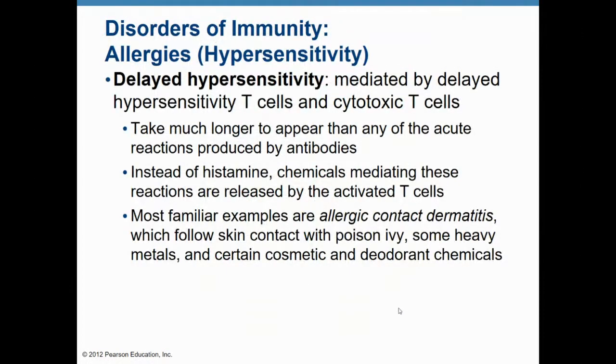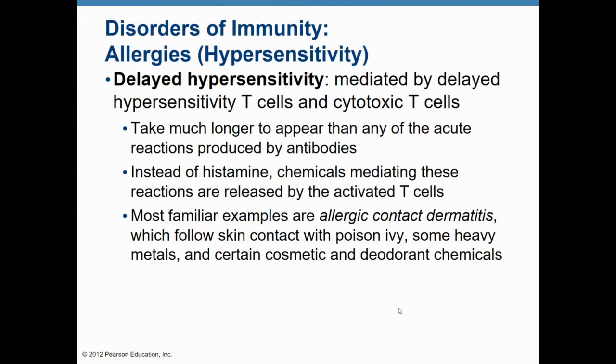We also have delayed hypersensitivities, and these are going to be mediated by our delayed sensitivity T cells and by cytotoxic T cells. They take much longer to appear than any of our acute reactions that are produced by antibodies. Instead of histamine, the chemicals that mediate these reactions are going to be released by the activated T cells.